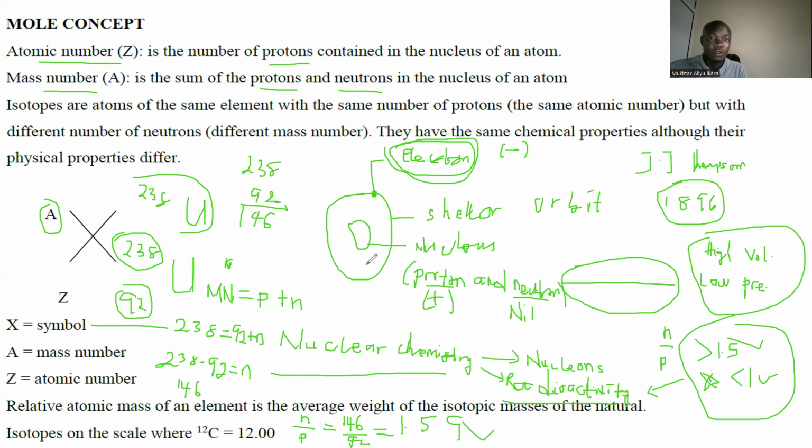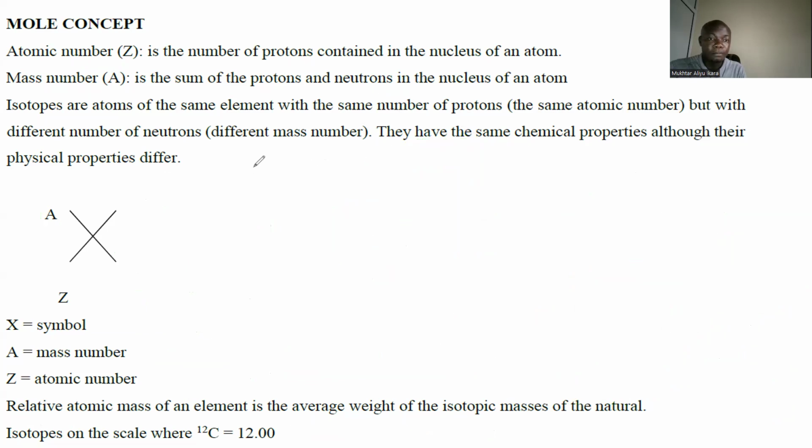Then the next thing that we are going to talk about is isotopes. So what are isotopes? Isotopes are elements that have the same atomic number but different mass number. This is chlorine.